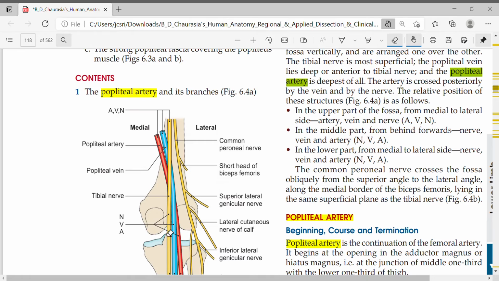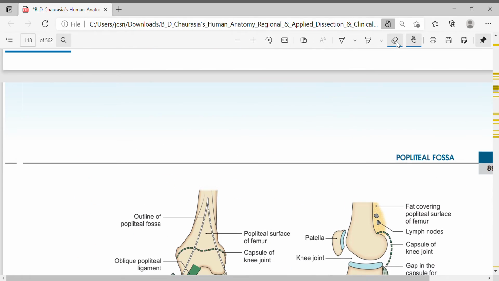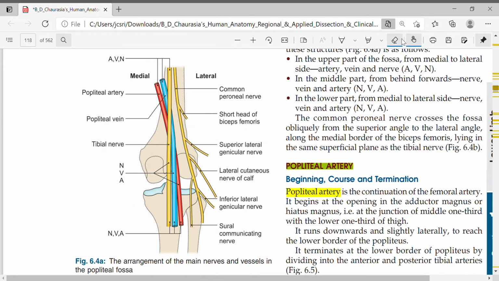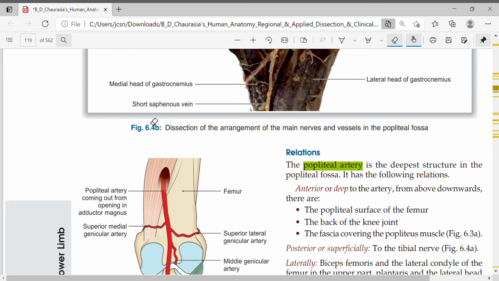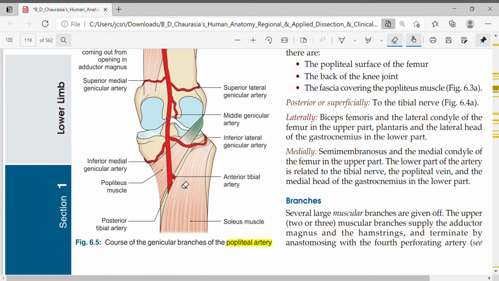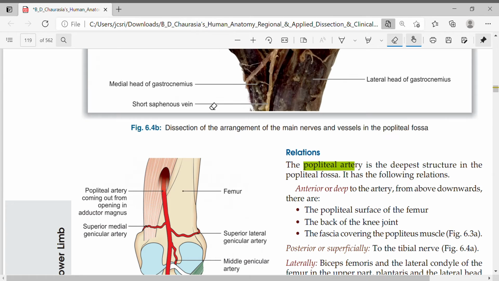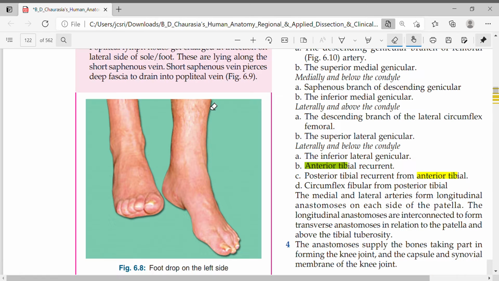This is the popliteal artery you will come across right now. You can see the anterior tibial artery and the posterior tibial artery. So that's what I wanted to show: the anterior tibial artery is a branch of the popliteal artery.